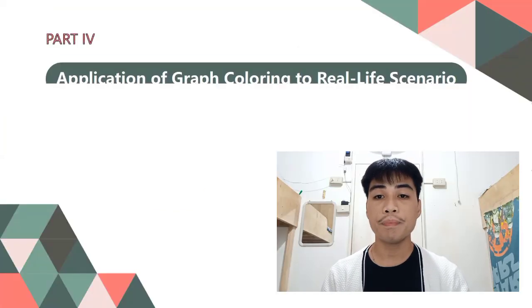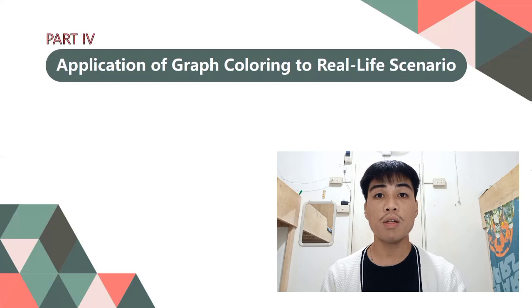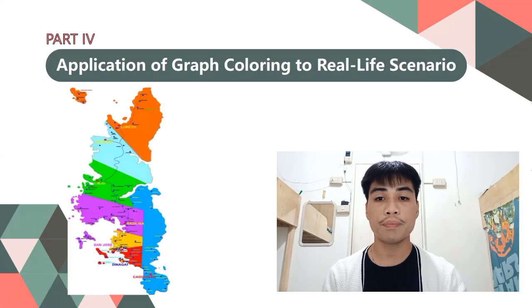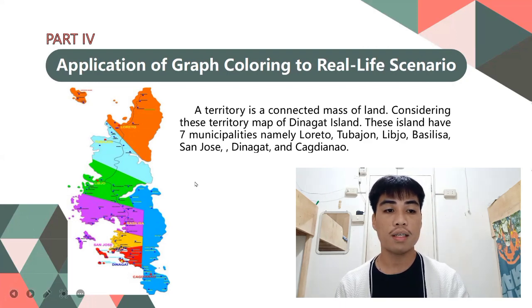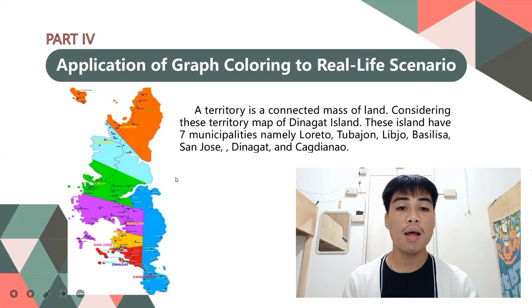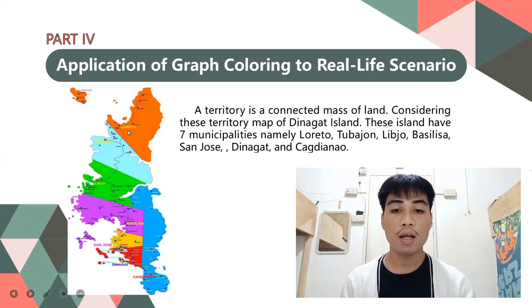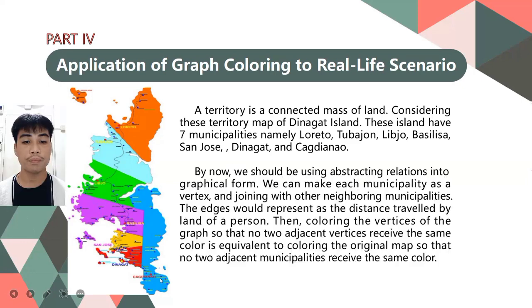For part 4, the application of graph coloring to a real-life scenario. A territory is a connected mass of land. Considering this territory map of Dinagat Island, this island has 7 municipalities, namely Loreto, Tubajon, Libjo, Basilisa, San Jose, Dinagat, and Cagdianao. By now, we should be abstracting relations into graphical form.